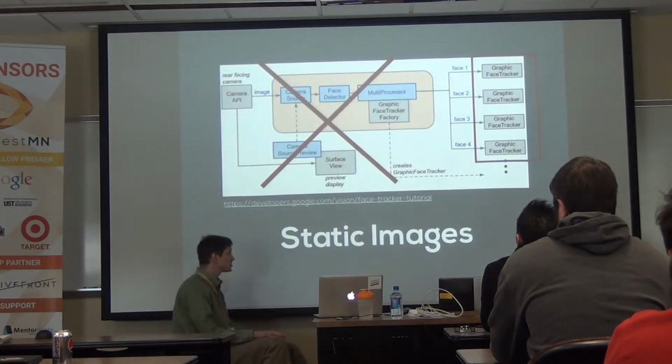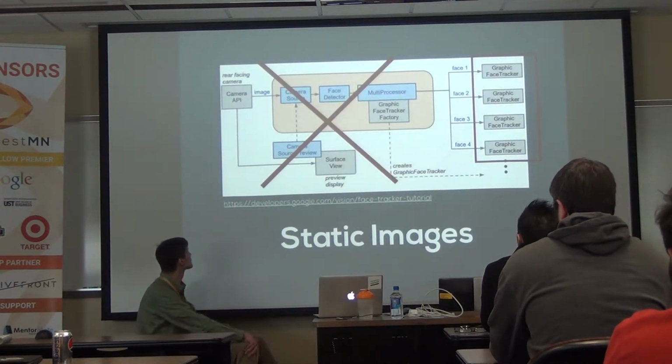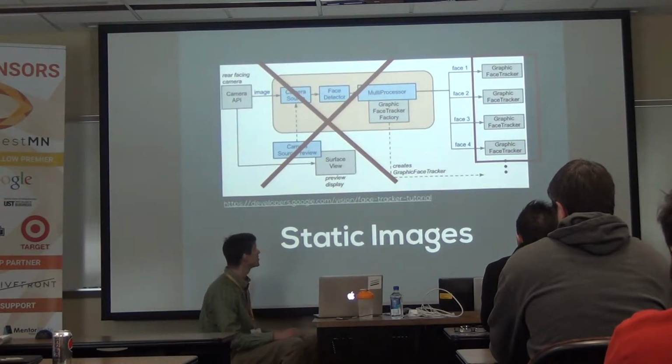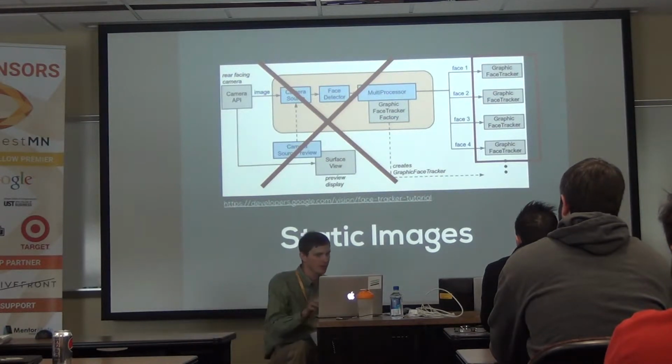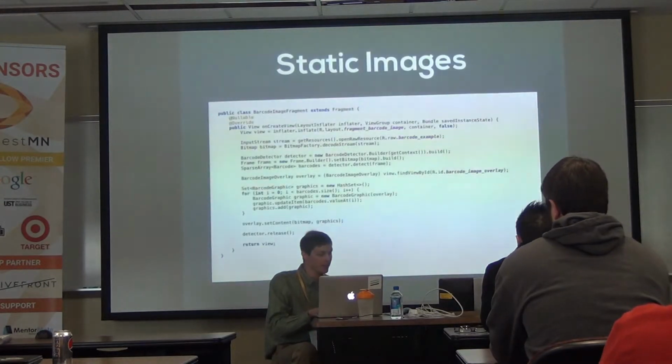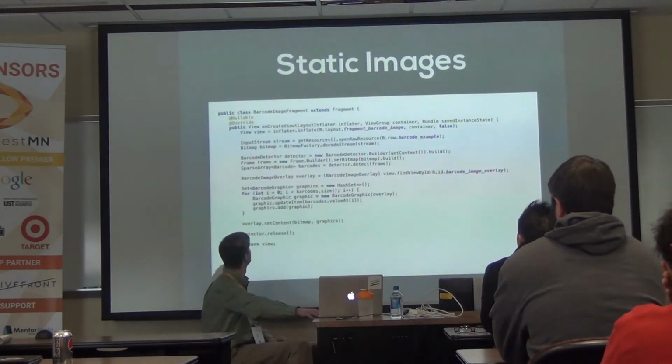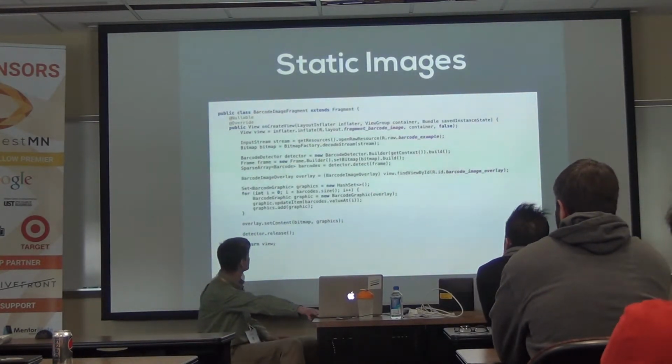We can also do stuff with static input, as I talked about before. We can use the same underlying structure, but we can take out this entire middle part. We can go straight from the barcode detector to the graphics that get displayed on the right here. The code to actually do that is pretty simple. This is a new fragment.